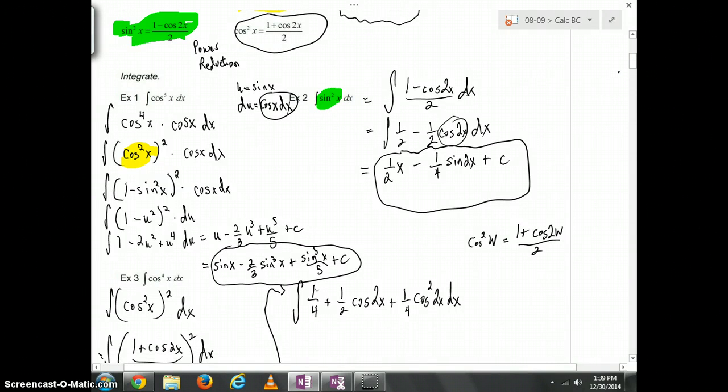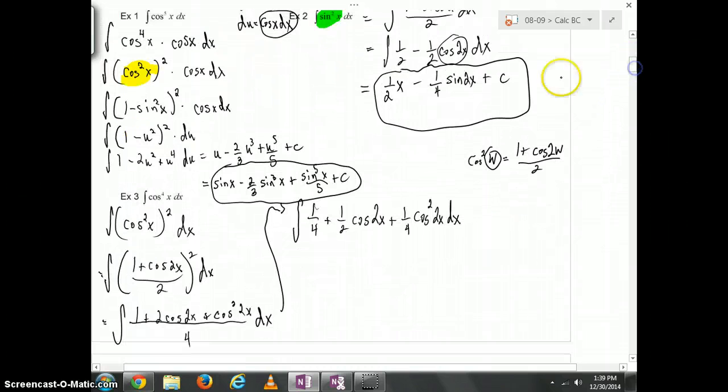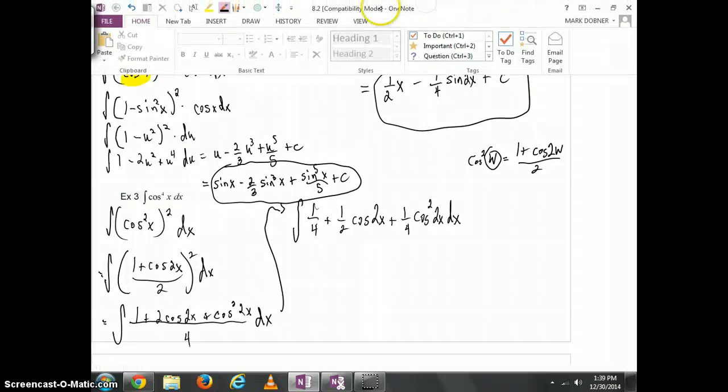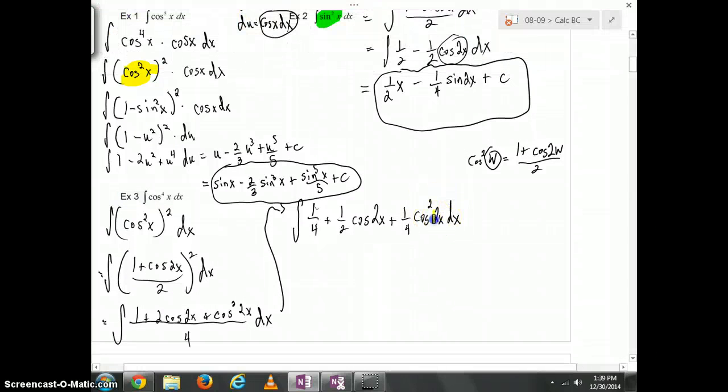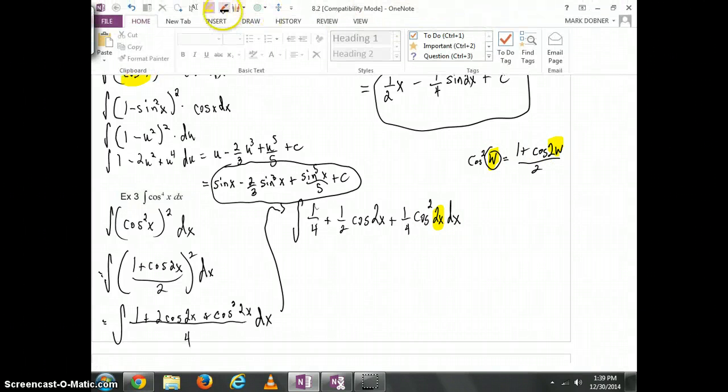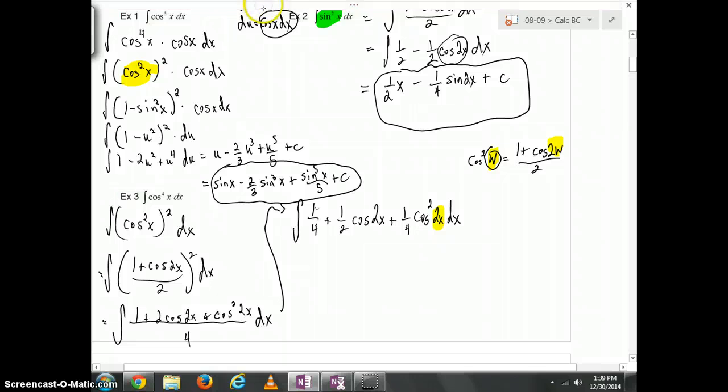I'm letting the w represent whatever the argument would be. The reason why I'm doing that, of course, is I want to point out that right now, inside of my cosine squared, I no longer have simply an x. Right now I have a 2x. And that changes everything, really.